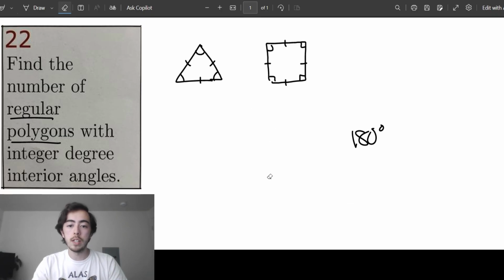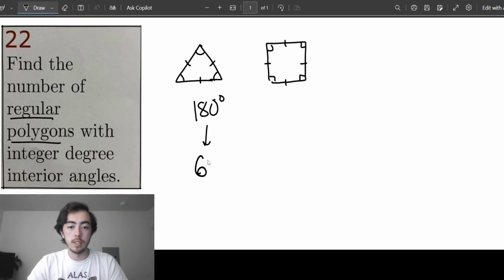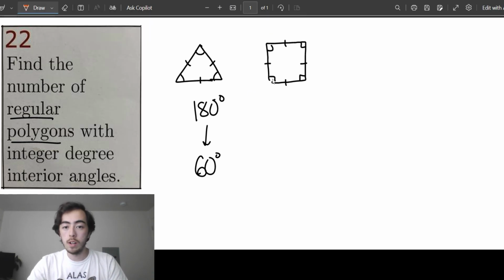And this 180 is important for the rest of our polygons. Let me just note here that the sum is going to be 180 degrees. And so down here, we get 60 degrees for each of the 3 angles. This 180 is important because as we look towards our square, we could just divide it into 2 triangles.